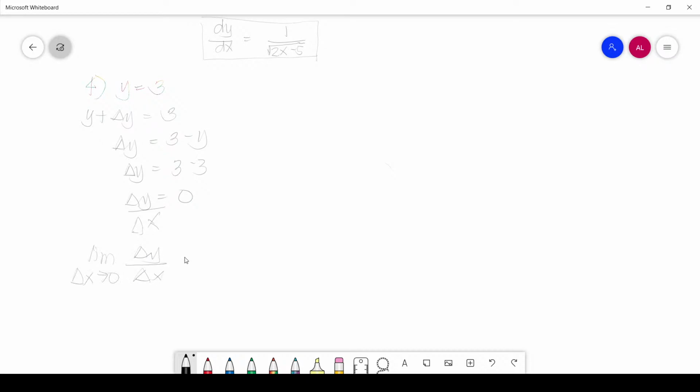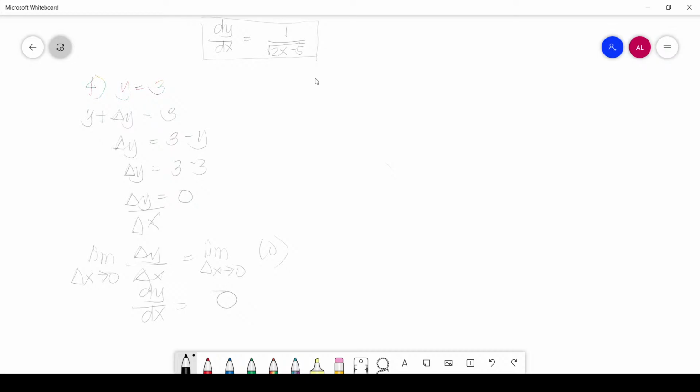Limit as delta x approaches 0. So, dy over dx is equal to, there is no delta y, so it is always 0. So, we perform all of it, and it is still 0.